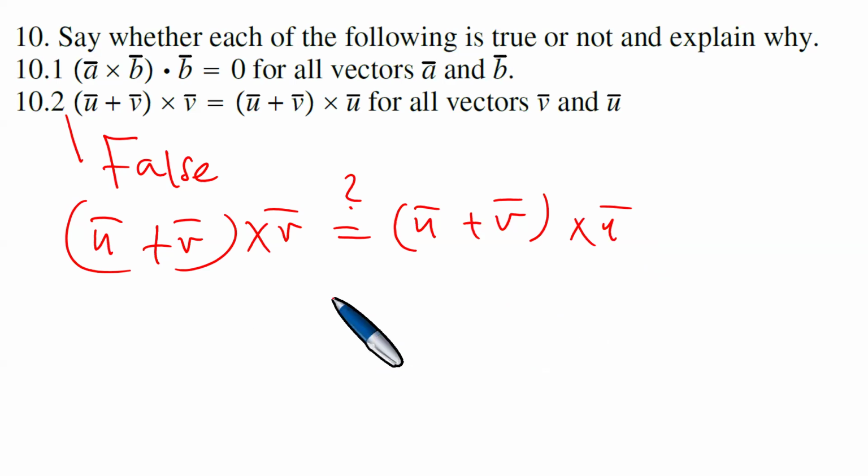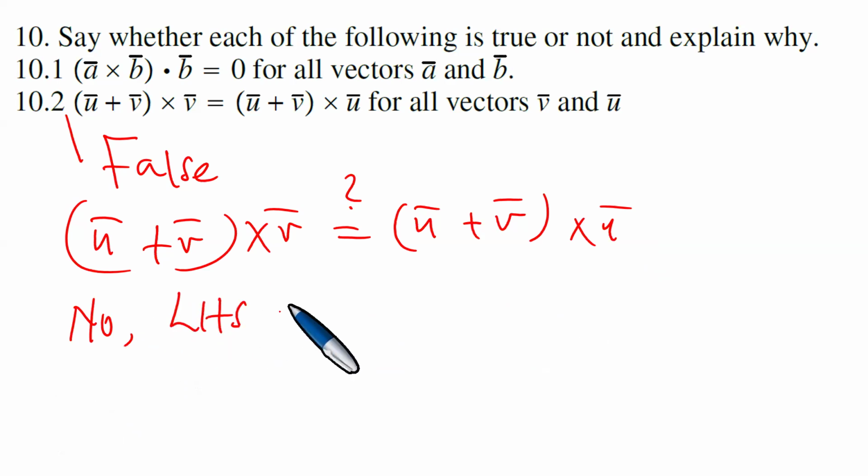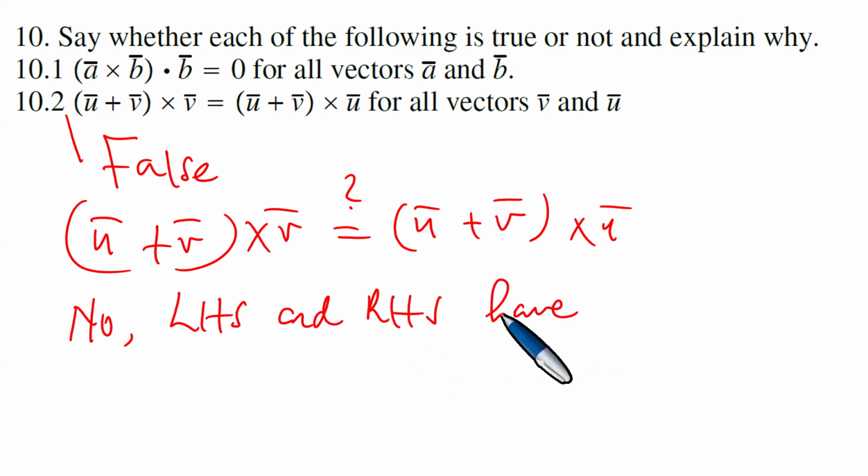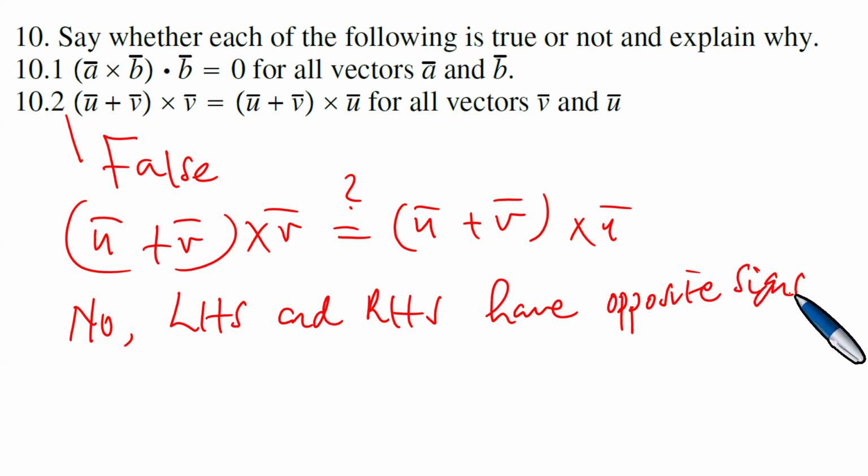The reason is that the left-hand side and right-hand side have opposite signs, and therefore, as a consequence, it is not true that you have that result there.